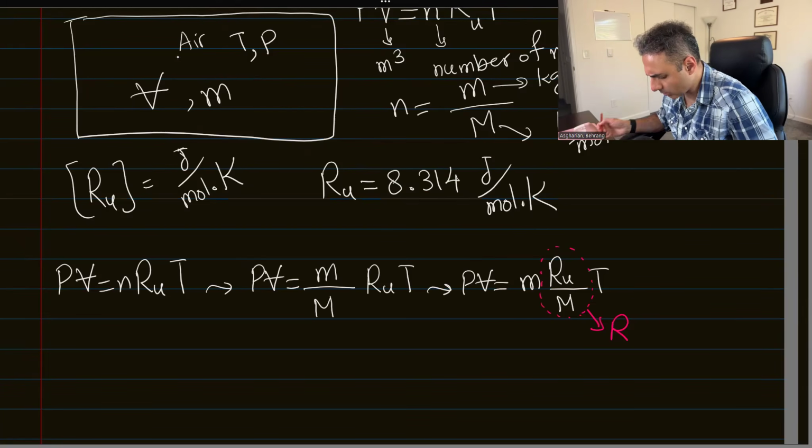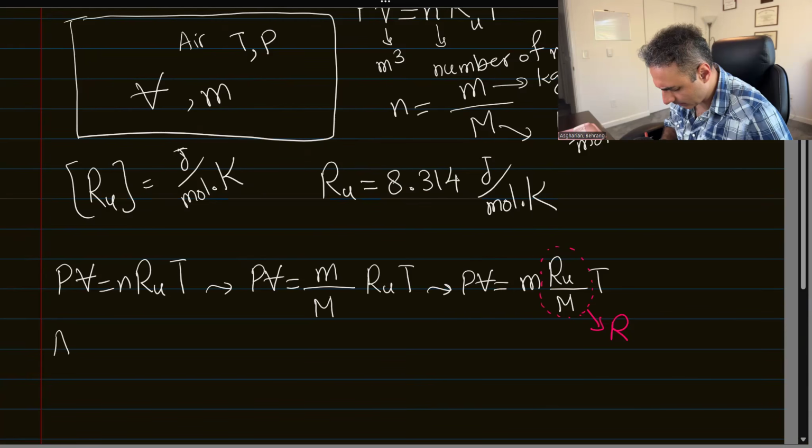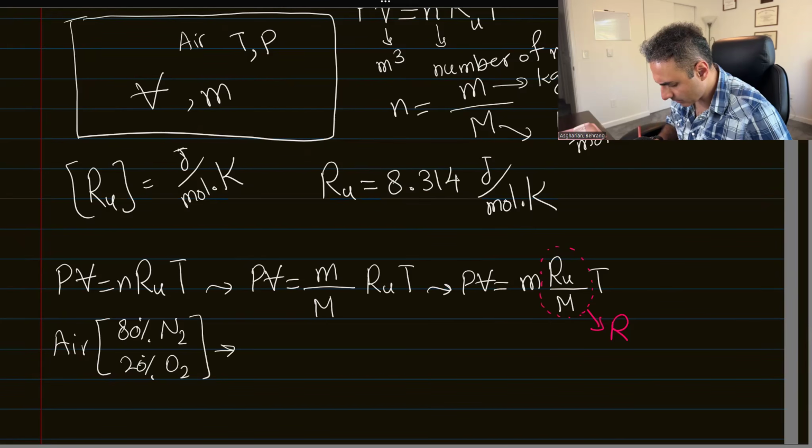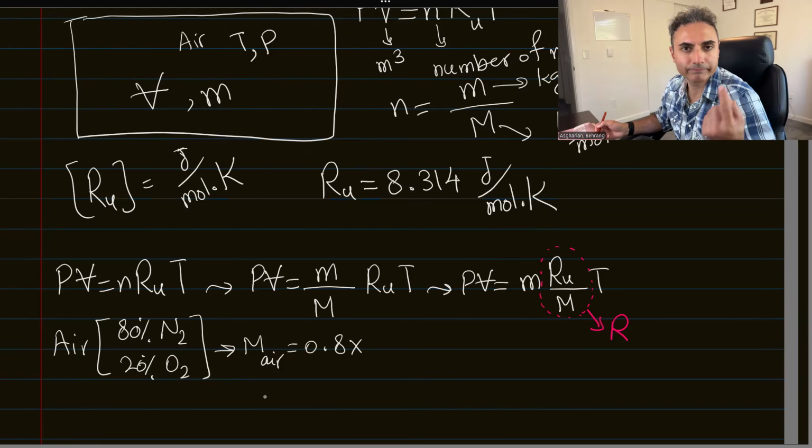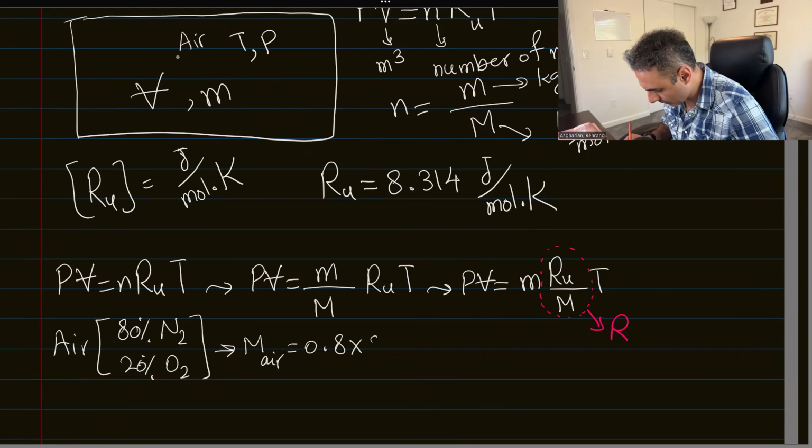Let's give you an example. When we talk about air, it is about, let's say, 80% nitrogen and about 20% oxygen, right? That's our air. As a result, I can calculate the molar mass for air as about 80% nitrogen. One nitrogen atom is 14 grams, and two of them would be about 28 grams, plus about 20% oxygen.